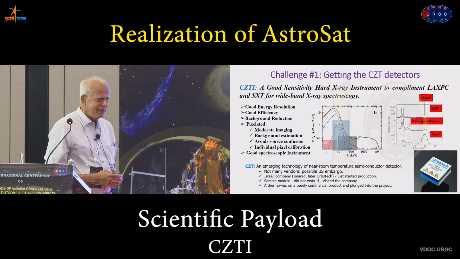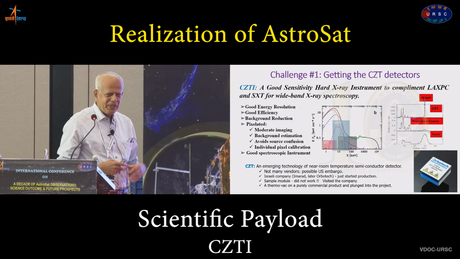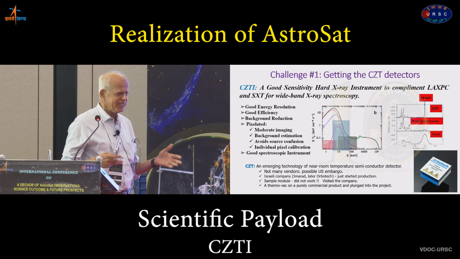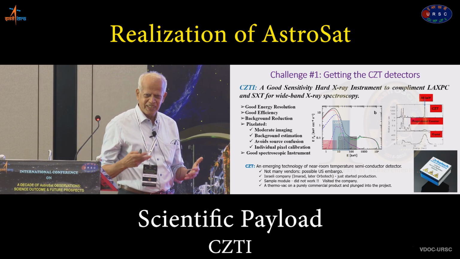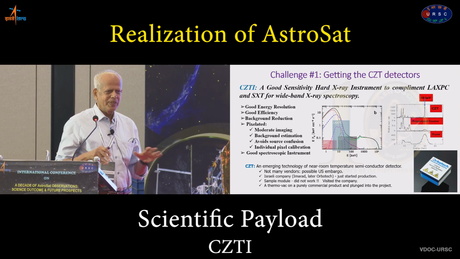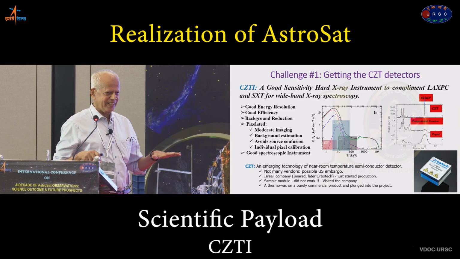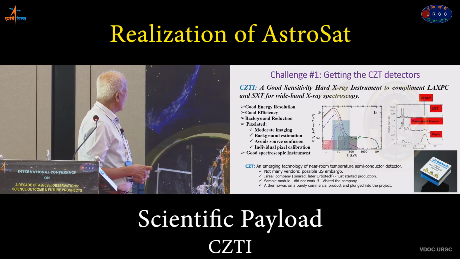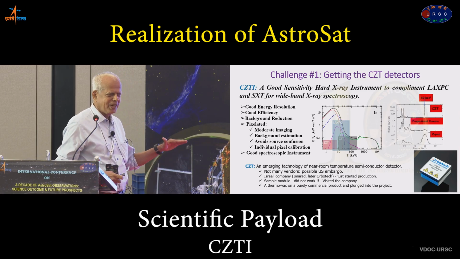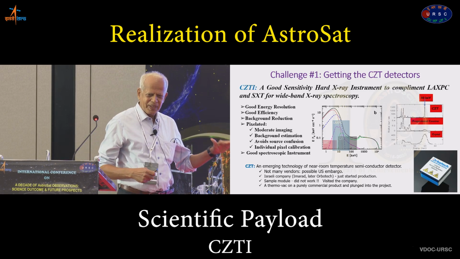Now, at that time, 2000, this near room temperature detector was just emerging in the market. People were saying that these are the detectors of the future. And based on those detectors, it's a good idea to have a large area hard X-ray detector. But of course, it's an emerging technology, not many vendors. Remember, it was post-Pokhran 2, severe embargo.